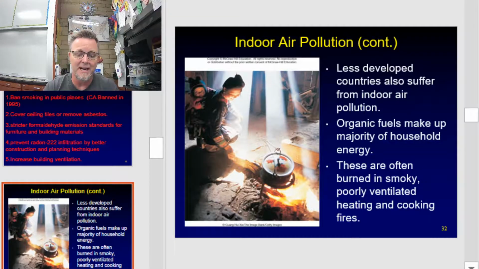So using organic fuels as an energy source, maybe it's for light, maybe it's cooking like this, all that carbon monoxide, particulate matter, CO2, it's going right into the same room that everybody's in. There's no chimney there, right? It's just circulating in the room for everybody to breathe. So these rooms are often smoky, poorly ventilated, and as a result, lots of respiratory issues in developing countries, like bronchitis, asthma, and yes, even lung cancer.